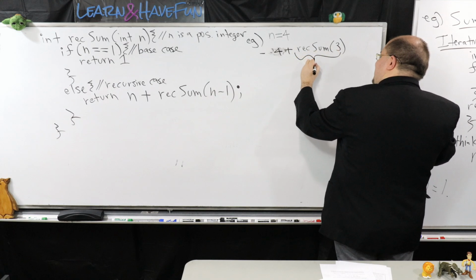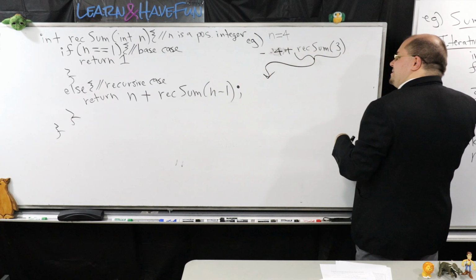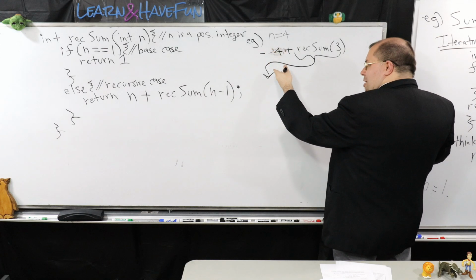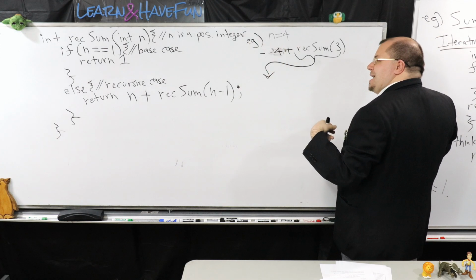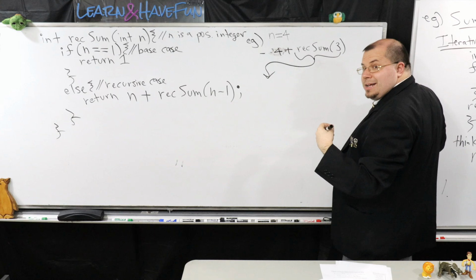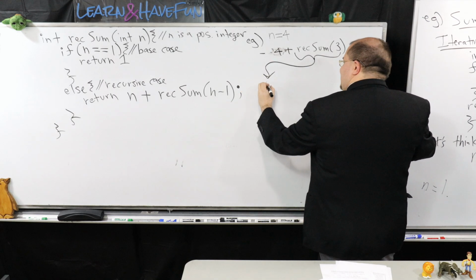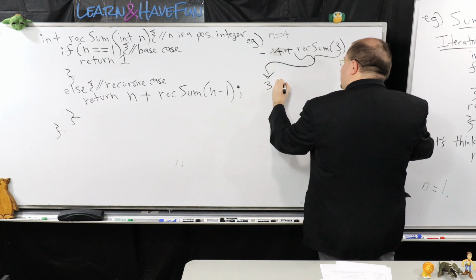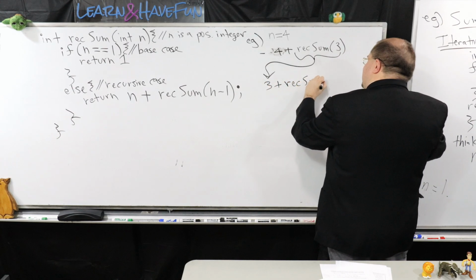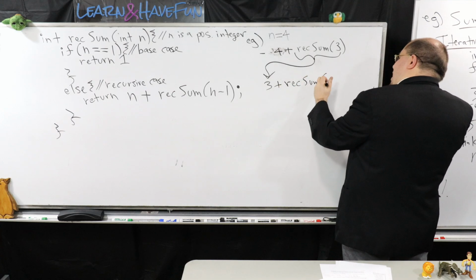This is just a function call. To compute rec sum, I'm going to now call rec sum. And now n is not equal to 1 yet. So I just go to the else block. I have it being 3 plus rec sum of whatever that number is, minus 1.